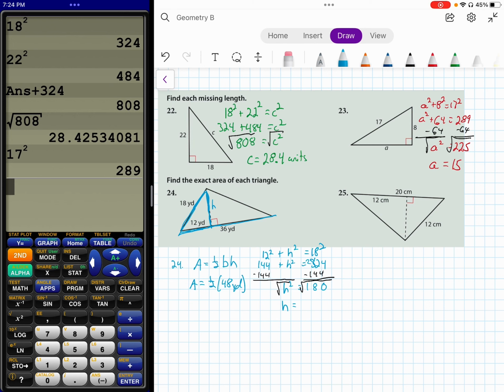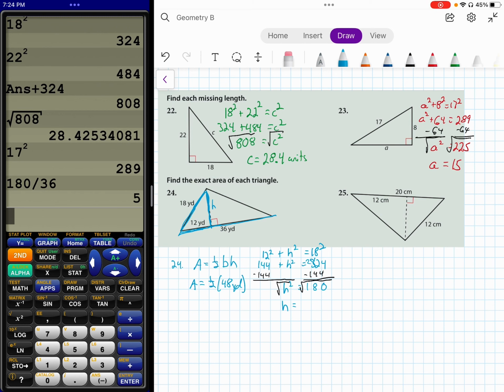So I'm pretty sure 36 goes into 180. So what we can do is we can check. 36 is 6 squared, so that's why it's divided by 36, and that is 5. So we can rewrite the square root of 180 as the square root of 36 times the square root of 5. So h equals 6 root 5.